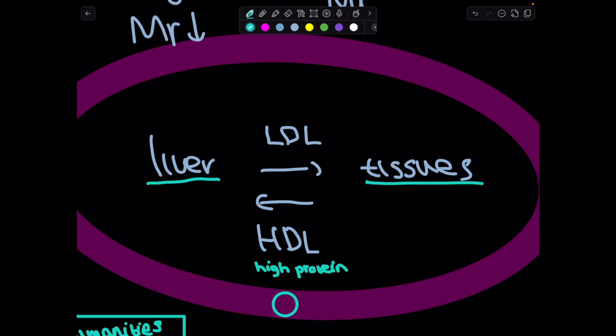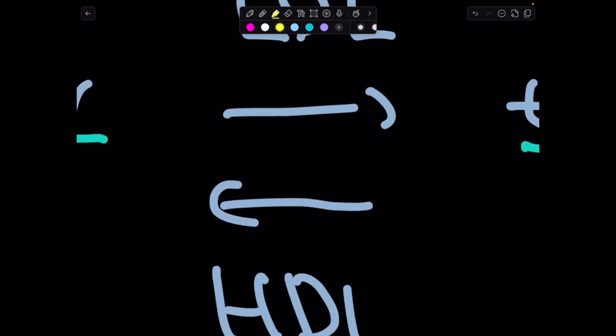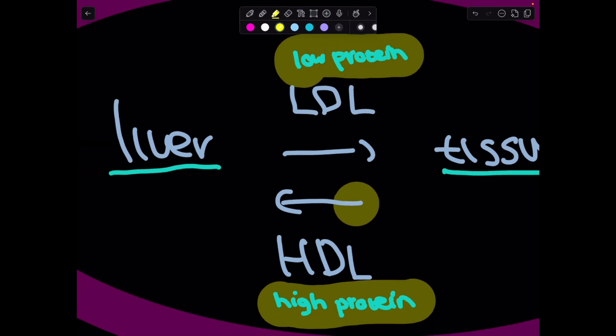So they have high protein, so what? HDL's high protein content, particularly apolipoprotein A, matters because ApoA has specific binding sites that interact with cell receptors, like SR-B1, to efficiently pick up excess cholesterol from tissues and transport it to the liver for excretion, acting like a cleanup crew.